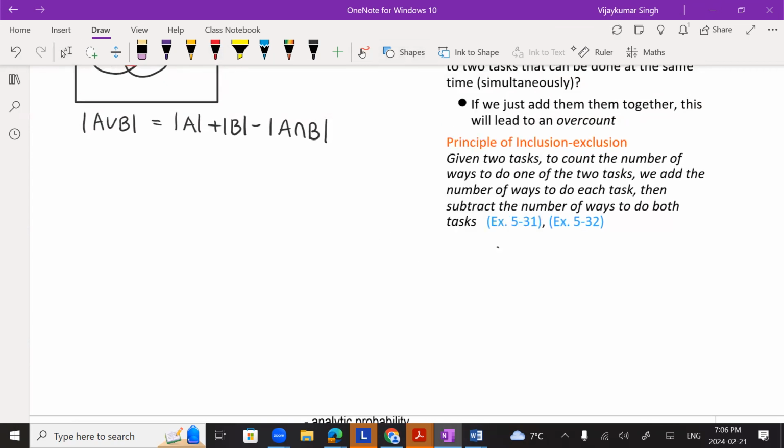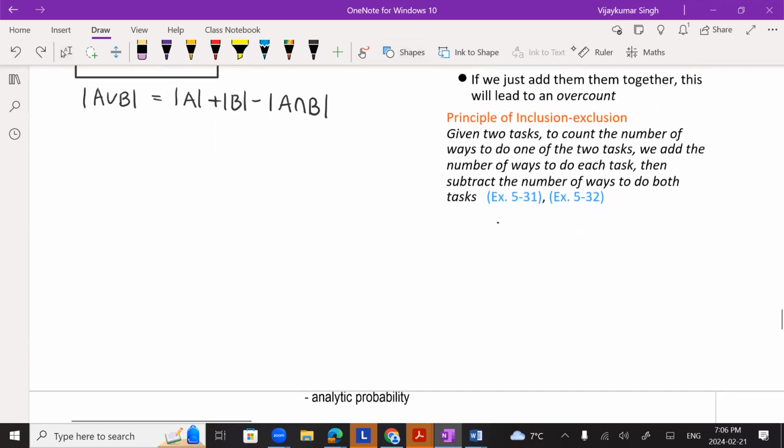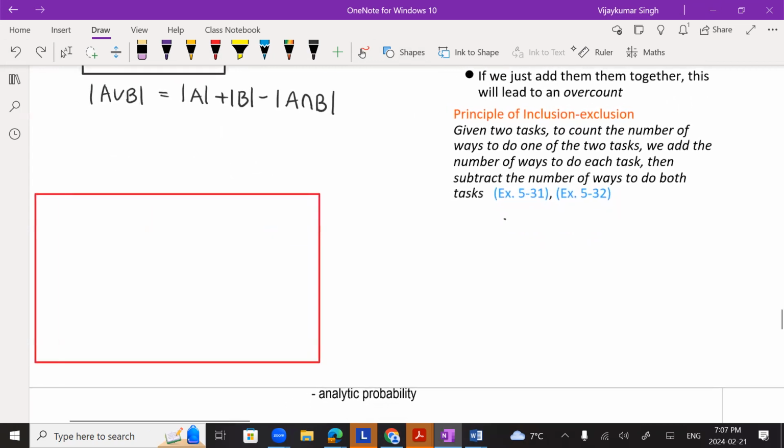Let's again go about it. Let's take our universe, so this will be my universe U. Then I take three sets.